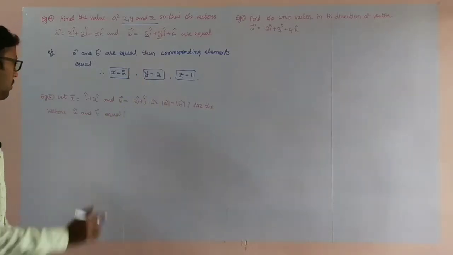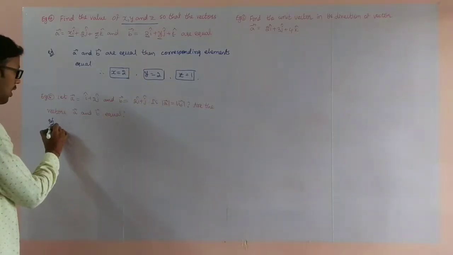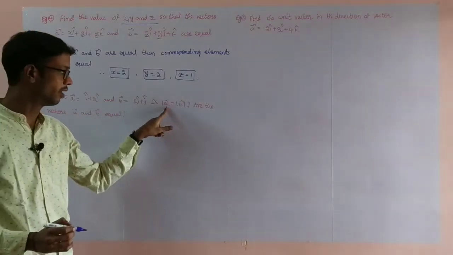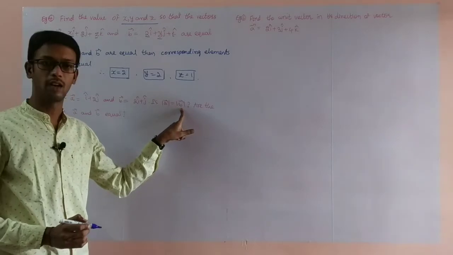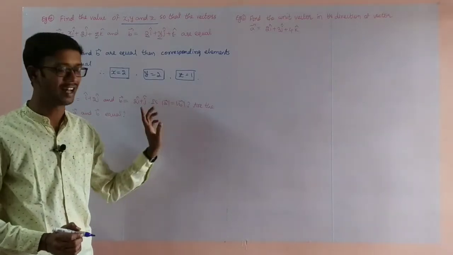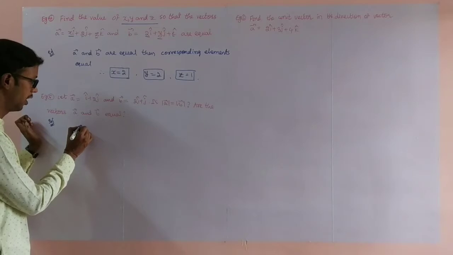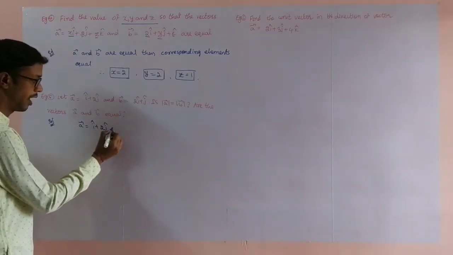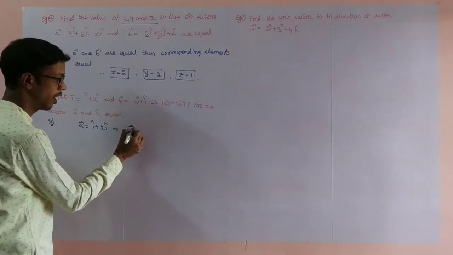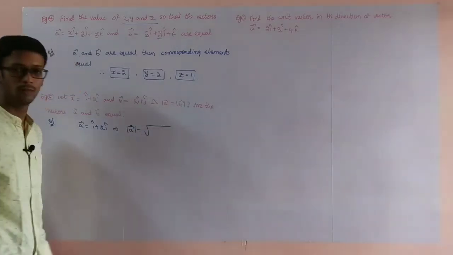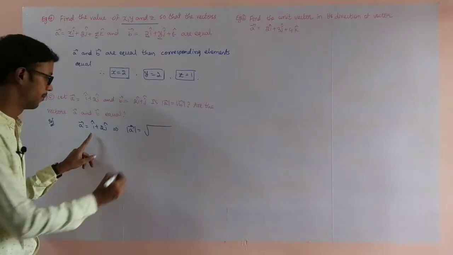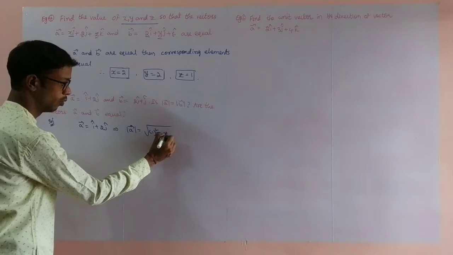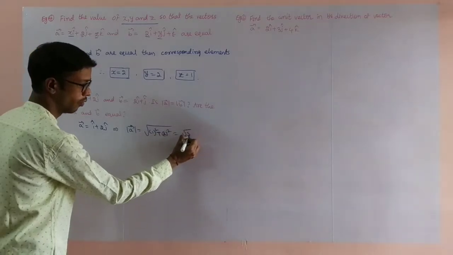Next, problem number 5. Let A bar and B bar be two vectors. Is the magnitude of A bar equal to the magnitude of B bar? That is the question, so we have to check. A bar is equal to i cap plus 2j cap. It implies magnitude of A bar is, taking the corresponding elements squared, 1 square plus 2 square, that is root 5.